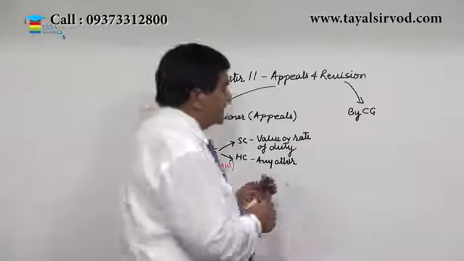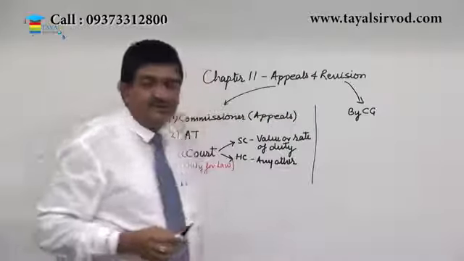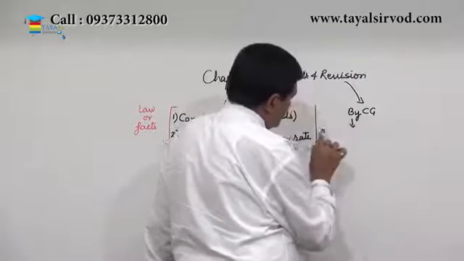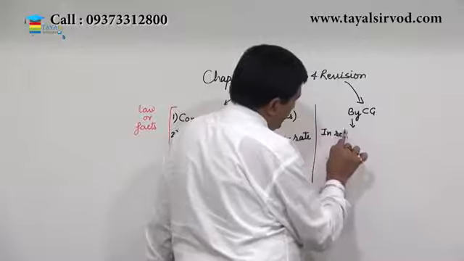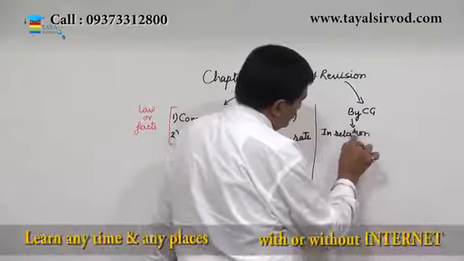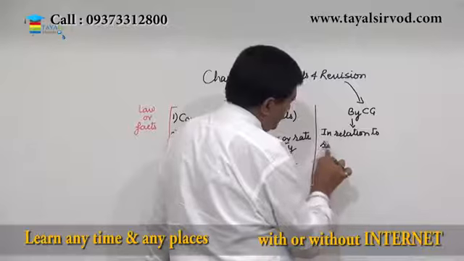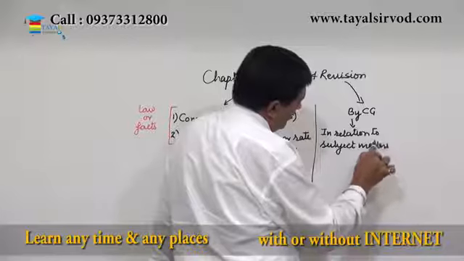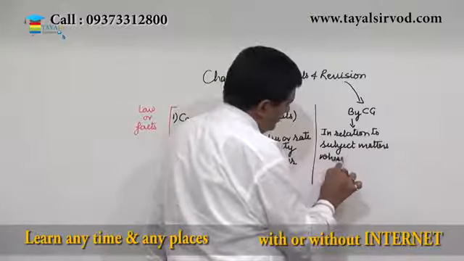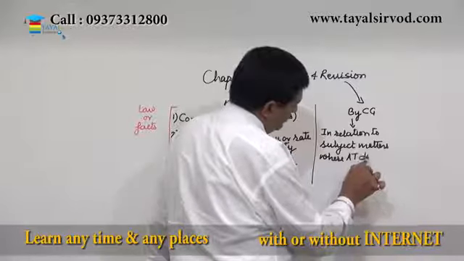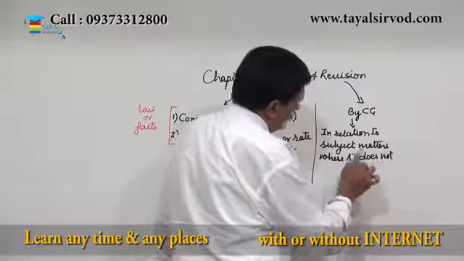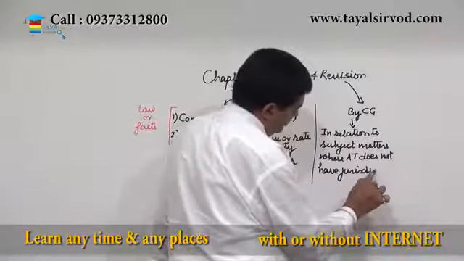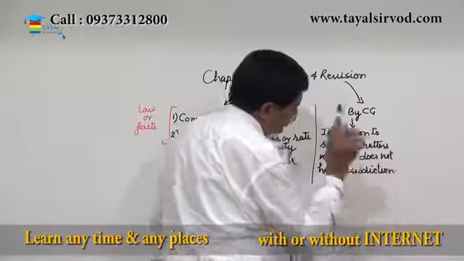Right? Here I said, as far as the revision is concerned, it is by central government, and this is in relation to subject matters where appellate tribunal does not have jurisdiction.